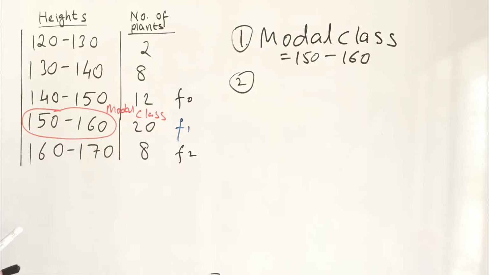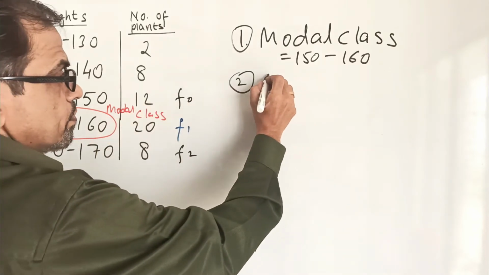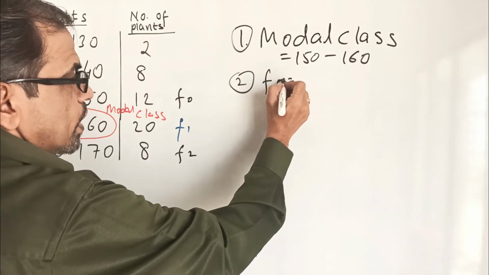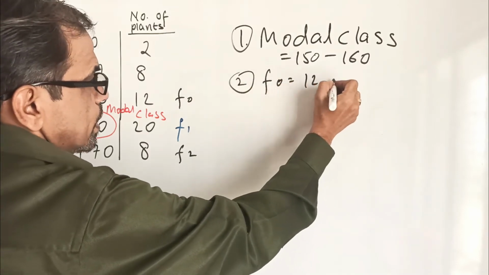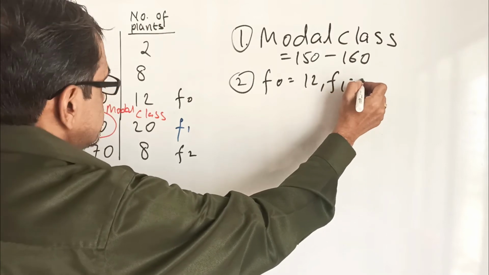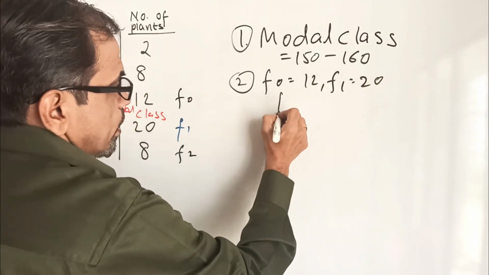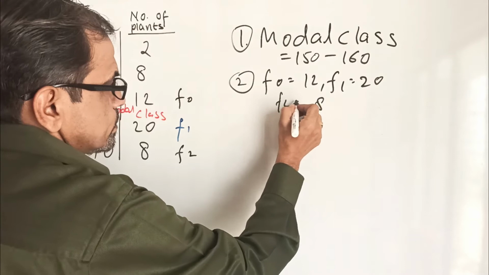So you will write all this in the second step: F0 is 12, F1 is 20 and F2 is 8.